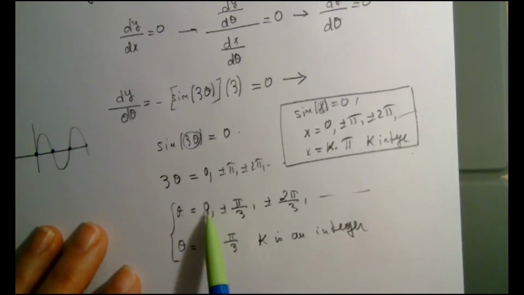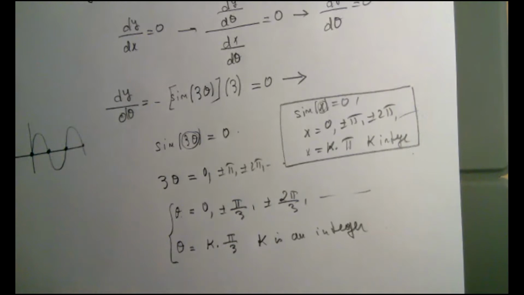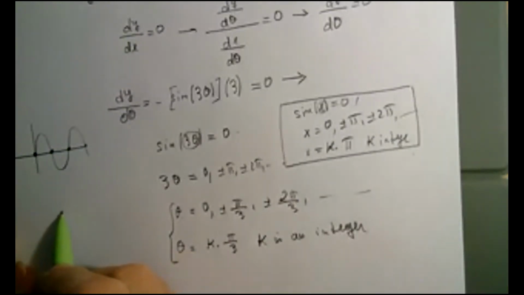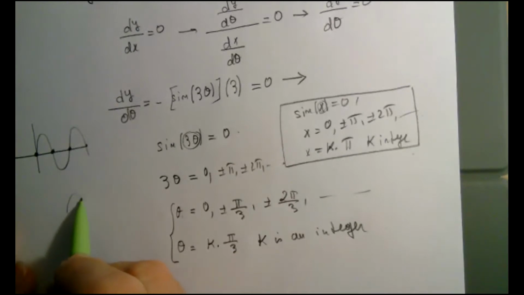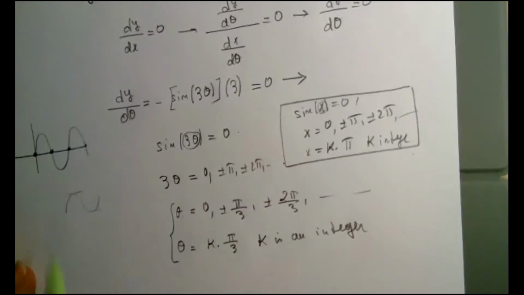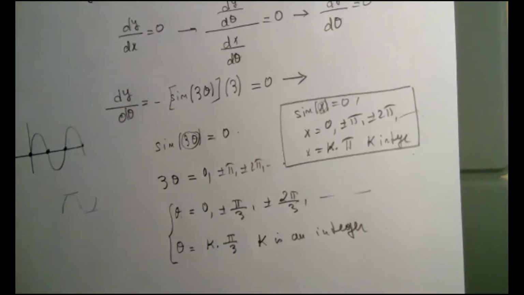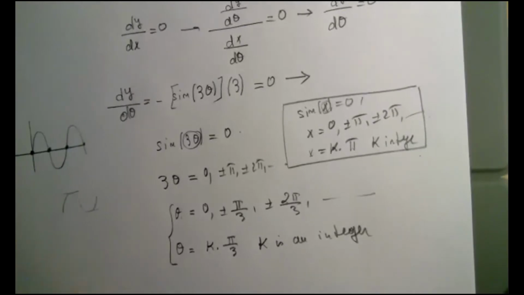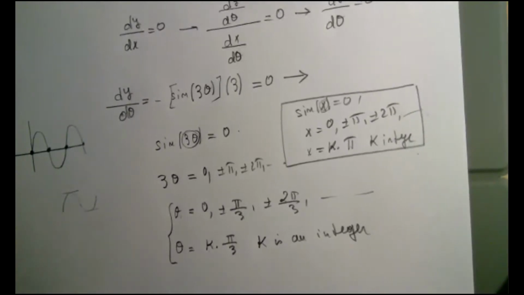When theta is 0, plus or minus pi over 3, plus or minus 2 pi over 3, and so on. So this is when we expect a horizontal tangent. We expect the graph to look something like this at those values, and this should happen at plus or minus pi over 3. We will try to sketch the curve later on, and then we see if we can make sense out of that.